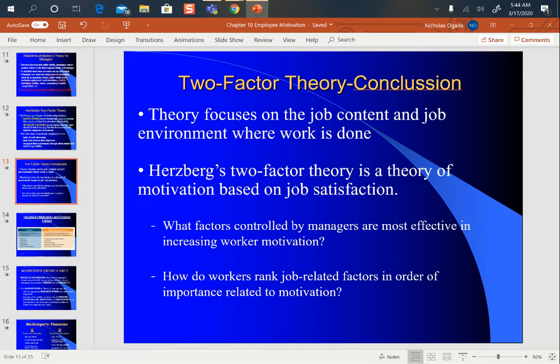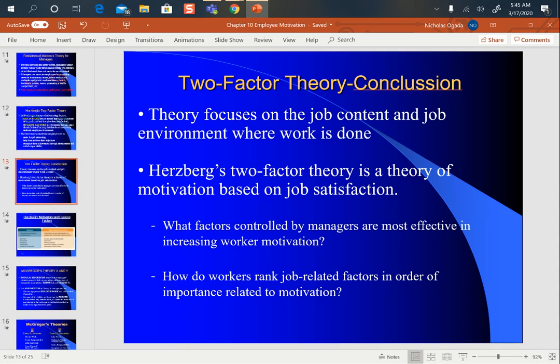So the question we try to draw from this is, can you think about those factors that managers can control, and if they're controlled effectively, they increase worker motivation?